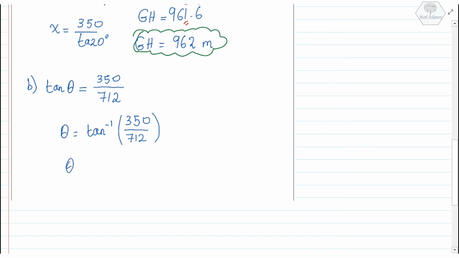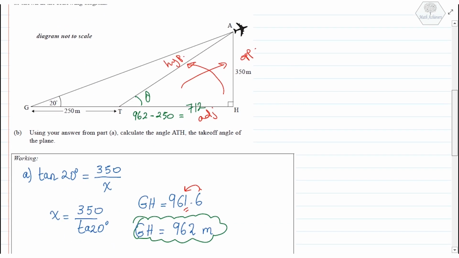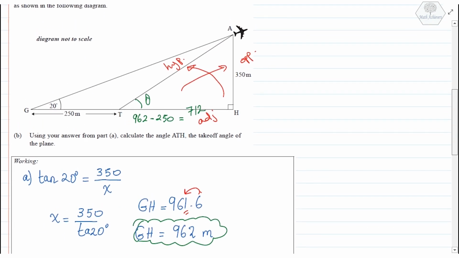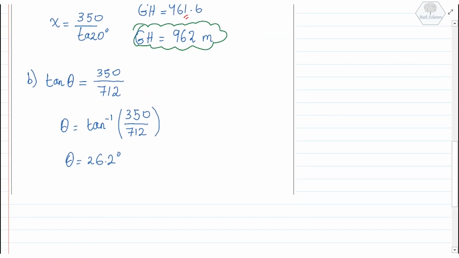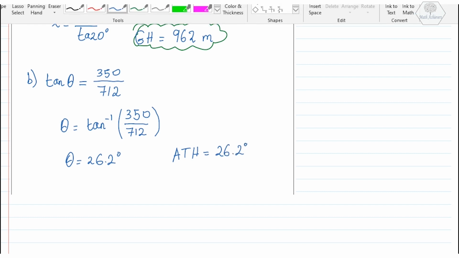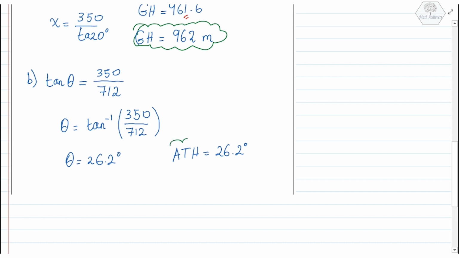So theta is equal to 26.2 degrees rounded to 3 significant figures. This angle is ATH. So ATH is equal to 26.2 degrees. And by this, I could find the angle that the question wanted us to find.